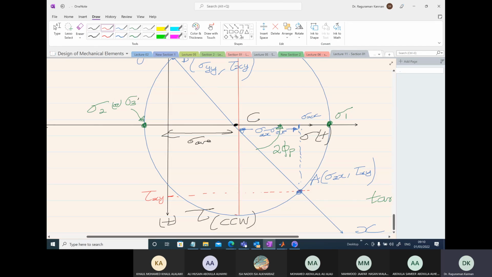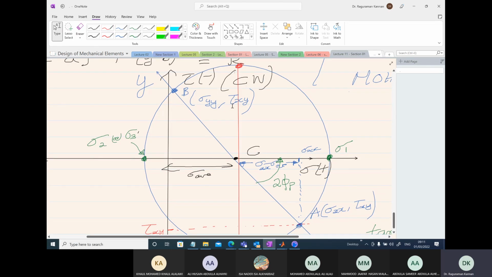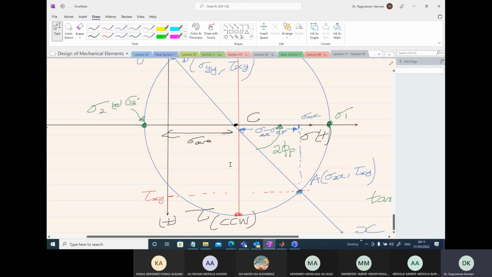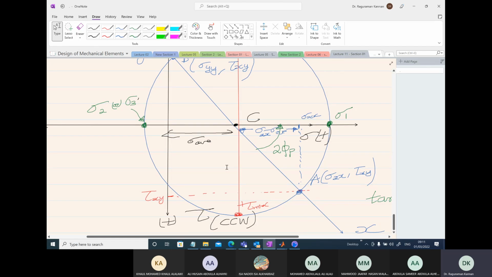So we see here this is the maximum shear stress point, positive value, tau max. And this is the minimum point, negative value, and the directions are 180 degrees apart here.